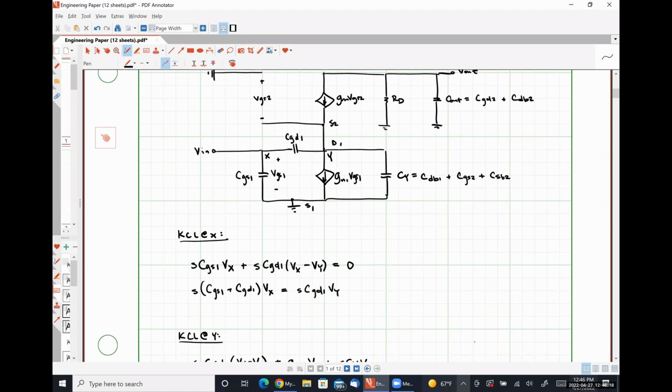Okay, so ostensibly negative GM2 VGS2. I need to pay attention to that, my apologies. But we can notice pretty easily that VGS2 is negative Vy, right? So negative GM2 times negative Vy looks like positive GM2 Vy.